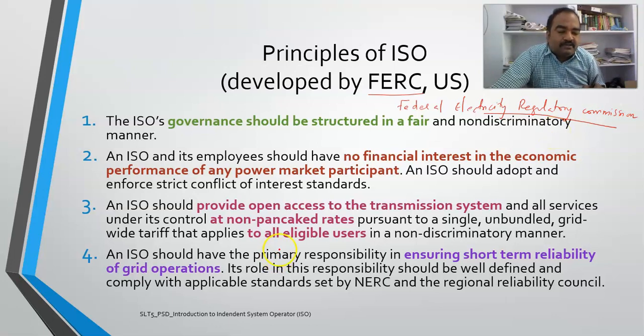And this is one of the first countries which have gone through power system restructuring. So they have developed some principles for the independent system operator, how to act in these deregulated power markets.